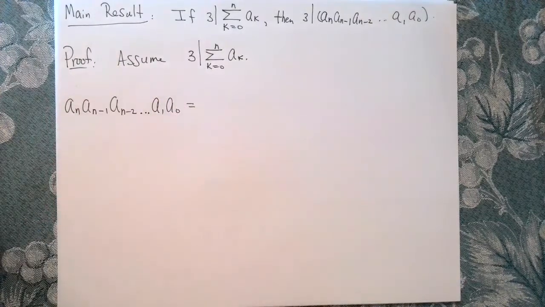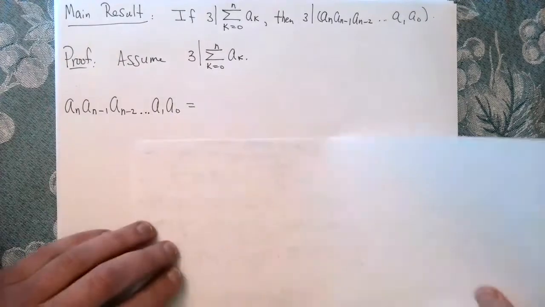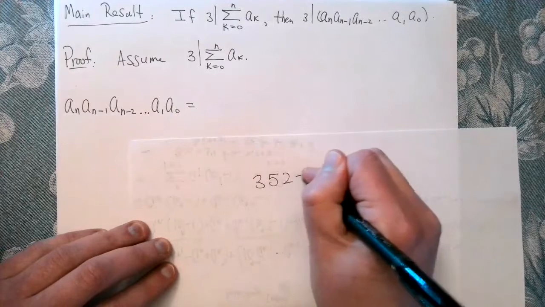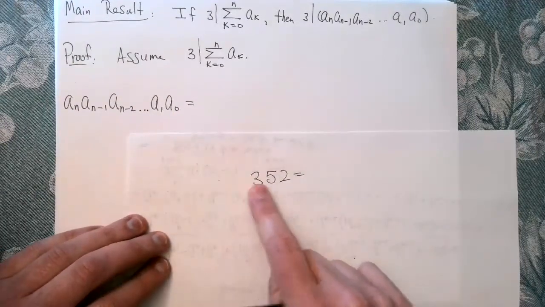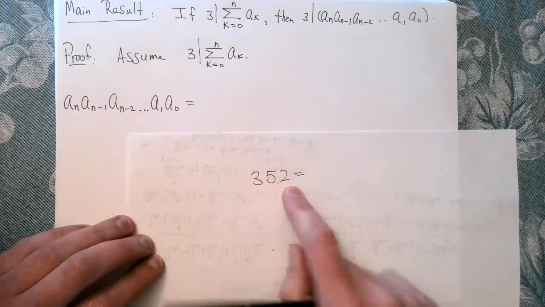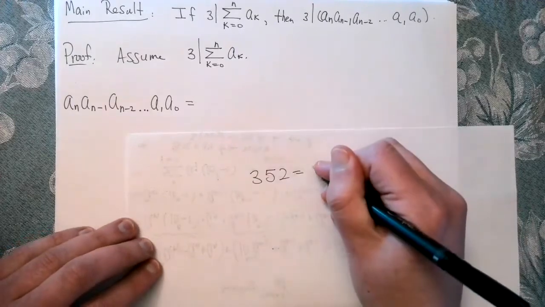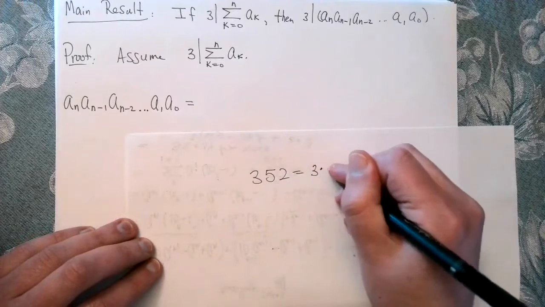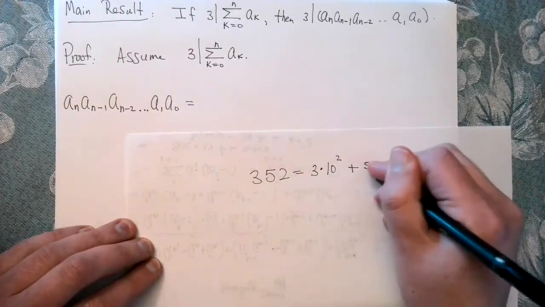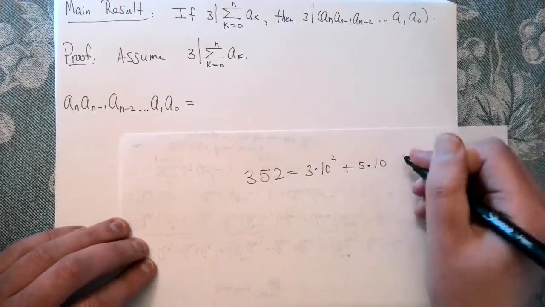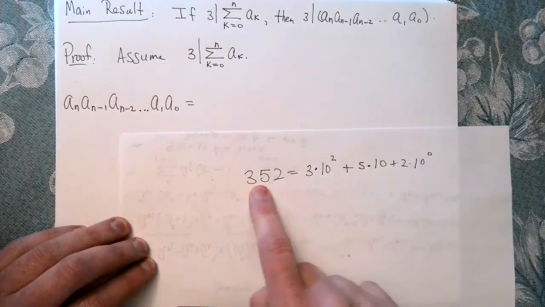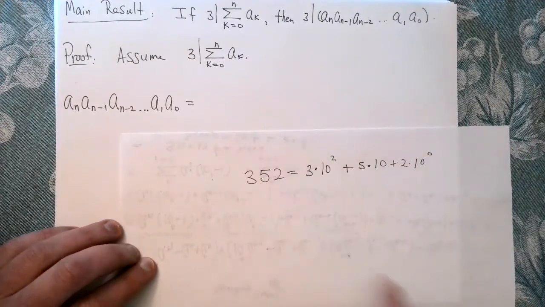This is similar to the idea that if I have, let's say, 352, that's the hundreds place, that's the tens place, hundreds, tens, ones. I can rewrite this as 3 times 10 squared plus 5 times 10 plus 2 times 10 to the 0. So this is exactly the kind of idea I'm going to use.